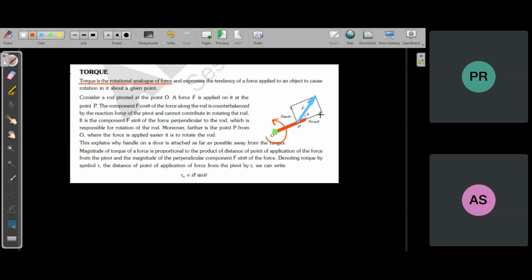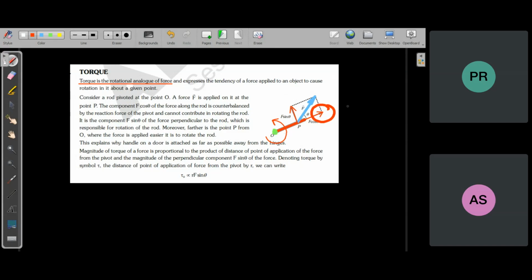Okay. Now here you can see that this force we can break into two components. One component is this, which is perpendicular to the rod. Okay. And there is another component which is along the rod. Now, again, if you think practically, you will understand that this component of the force cannot rotate the rod about this end, right?